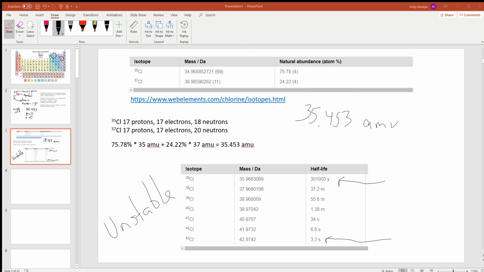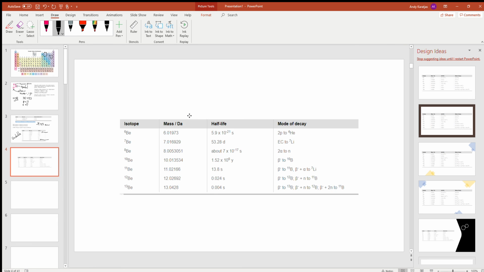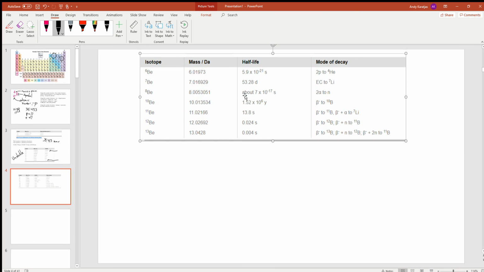So if, for example, we look at beryllium, beryllium has a number of different isotopes, but that includes an isotope such as beryllium-6.